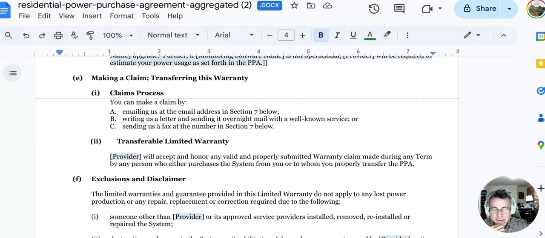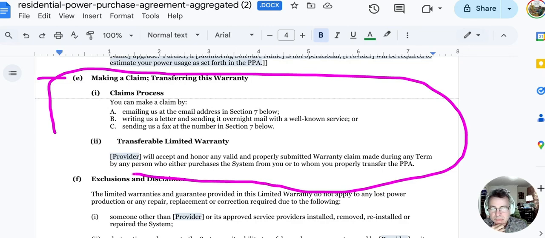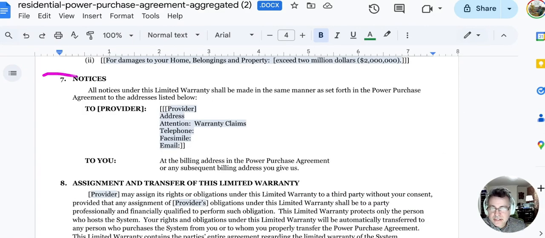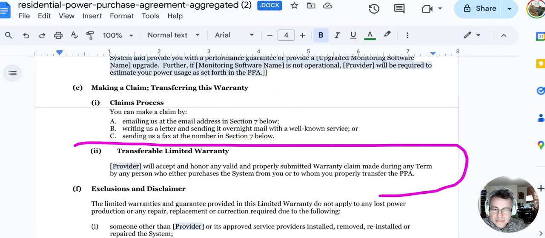And when you have to make a claim because the amount produced is less than what was claimed, or it's degraded by more than 15% in 10 years, then you would make a claim using this process, which is to send an email to the address at section 7 below. And here's section 7 where you would send notices. And if you sell the house, the warranty transfers to whoever buys it.